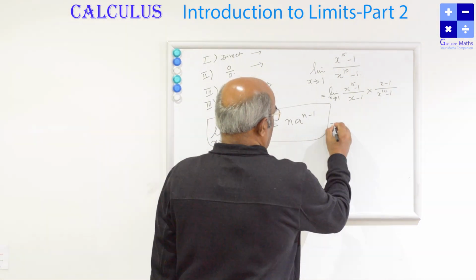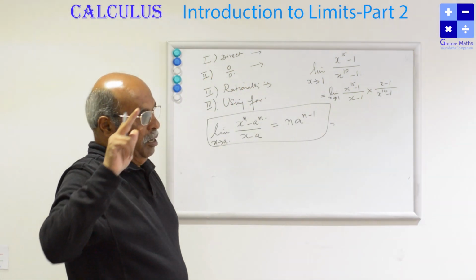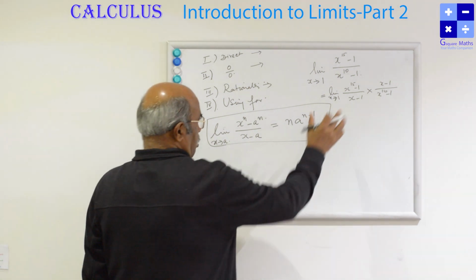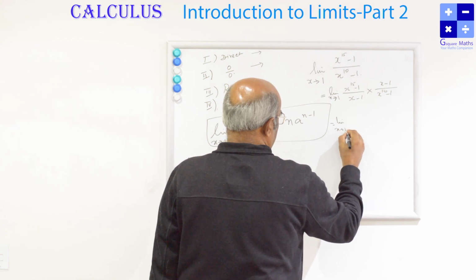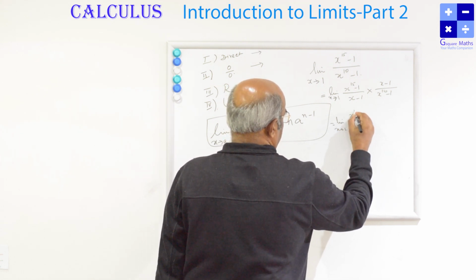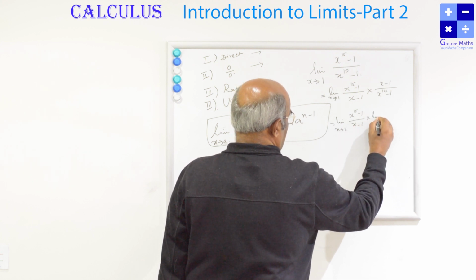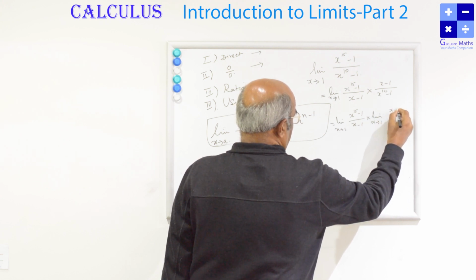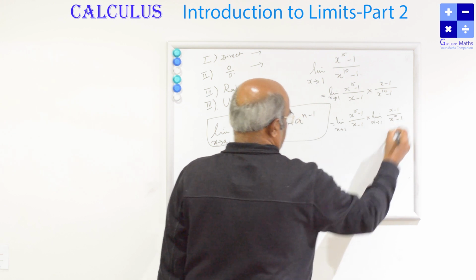In the algebra of limits, we have seen that the limit of the product is equal to the product of the limits. So that is limit x tends to 1 of x power 15 minus 1 by x minus 1 into limit x tends to 1 of x minus 1 by x power 10 minus 1.